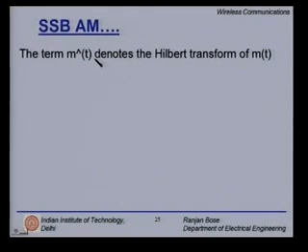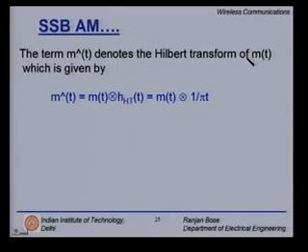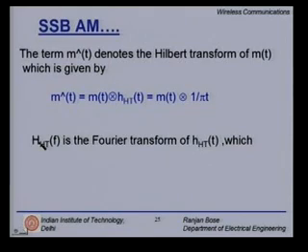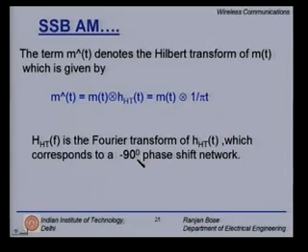The term m hat(t) denotes the Hilbert transform of m(t). We will just define what is Hilbert transform. M hat(t) is m(t) convolved with h_Hilbert(t), the impulse response of a Hilbert transform, which is given by 1 over pi t. Capital H Hilbert transform in the frequency domain is the Fourier transform of impulse response h(t), which corresponds to a 90-degree phase shift network.